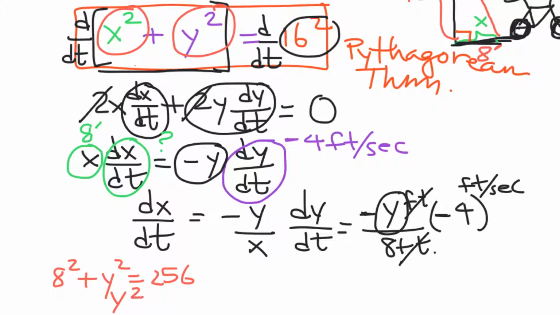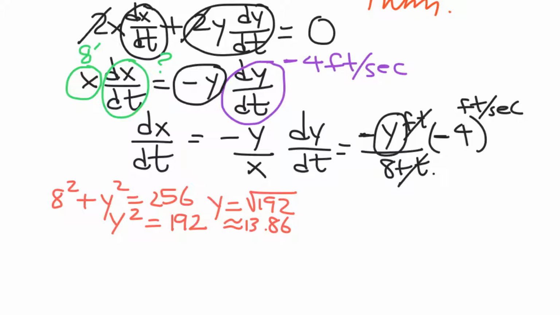So y squared is 256 minus 64, which, if you check, is 192. And so y is plus or minus the square root of 192, but we want the positive square root because this is a length, and that is approximately 13.86.